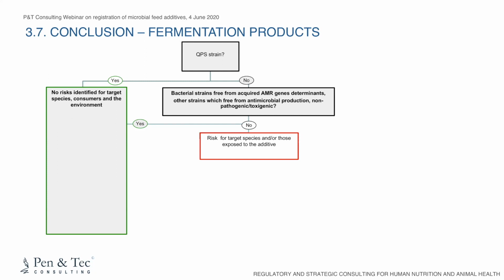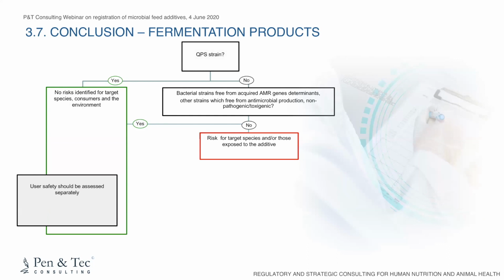In all cases, user safety should be addressed separately according to the relevant guidance. And of course, other parts of the dossier need to be constructed according to the relevant guidance, such as efficacy or the identity guidance. But again, it is really critical to establish the safety of the microorganisms as a first step.